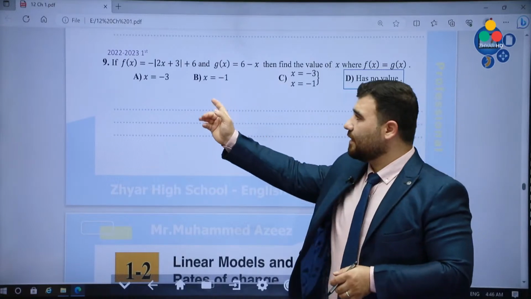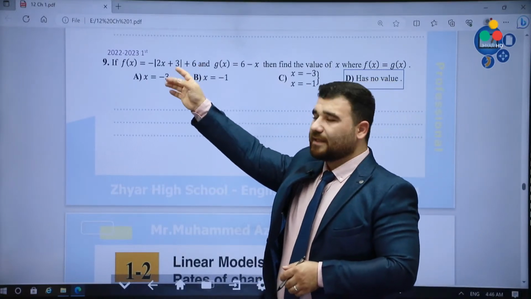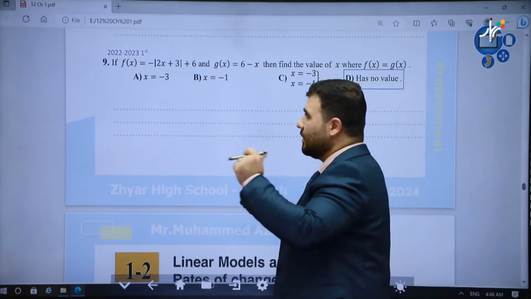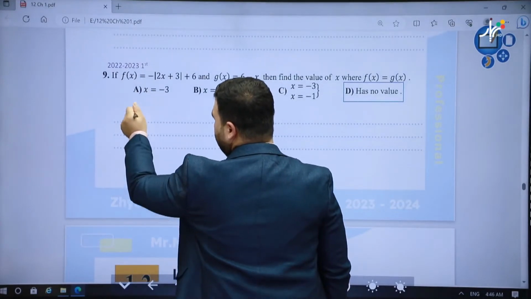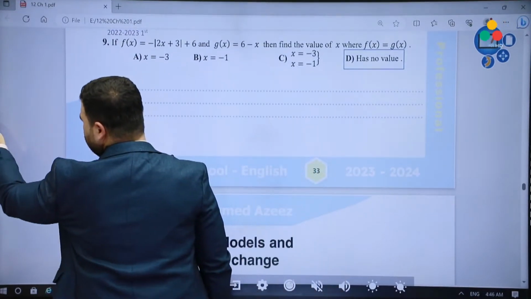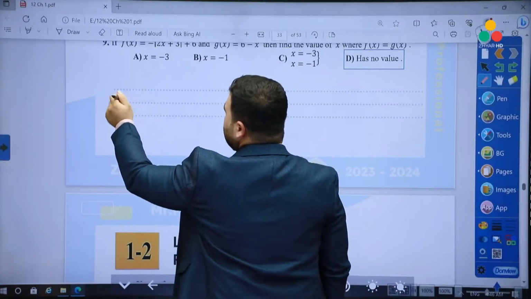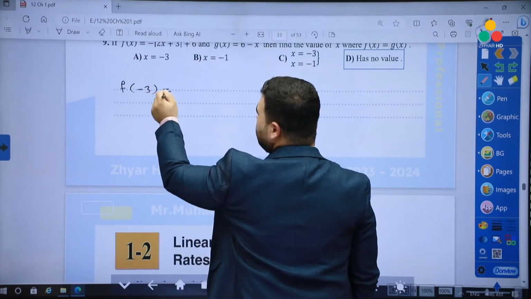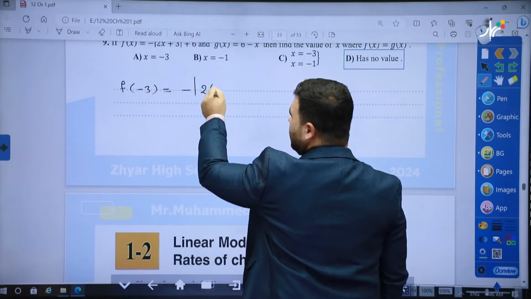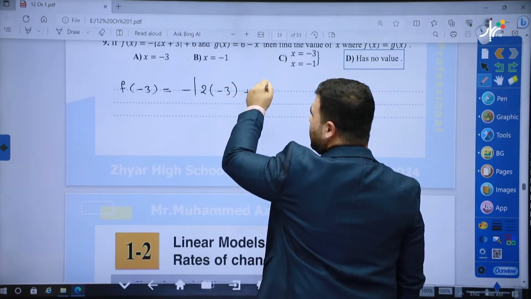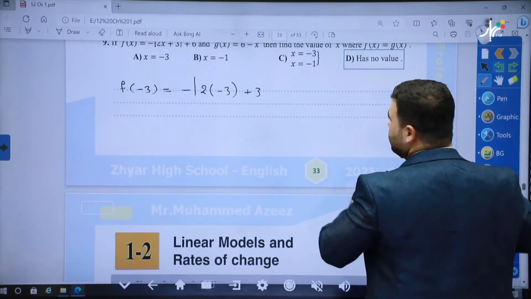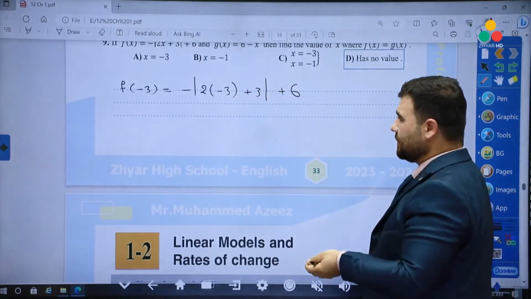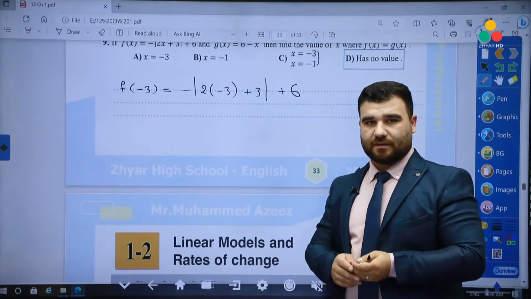Now let's start testing. If I put negative 3 here, I should get a number which is the same when I put negative 3 in g. Let's see. f of negative 3 is equal to absolute value of 2 times negative 3 plus 3, plus 6. 2 times negative 3 is negative 6, plus 3 is negative 3.